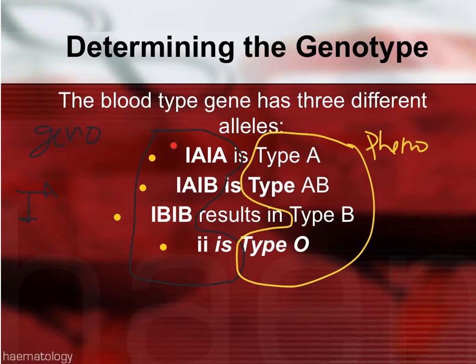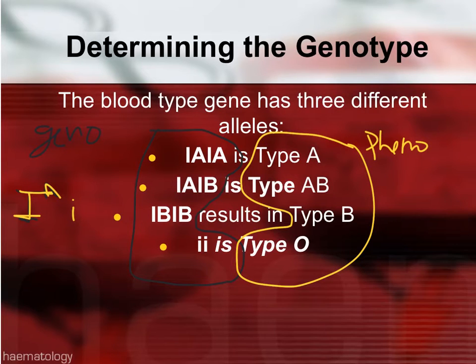So here we have two A's, and A is dominant, which means our phenotype will be A. The other way we can get a phenotype of type A is if we have one IA and one O allele.